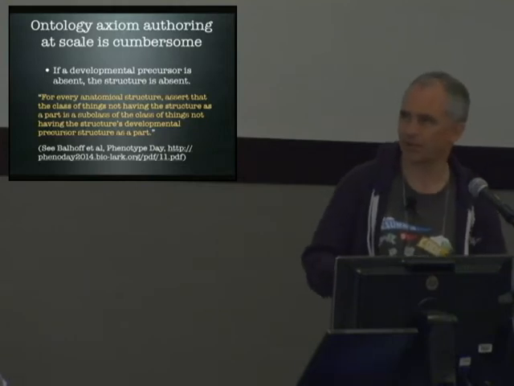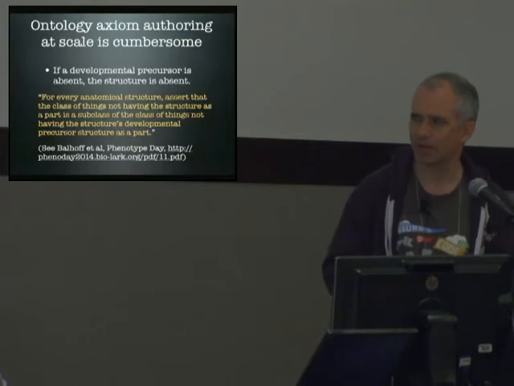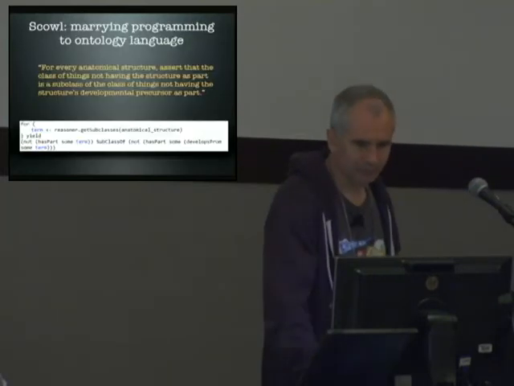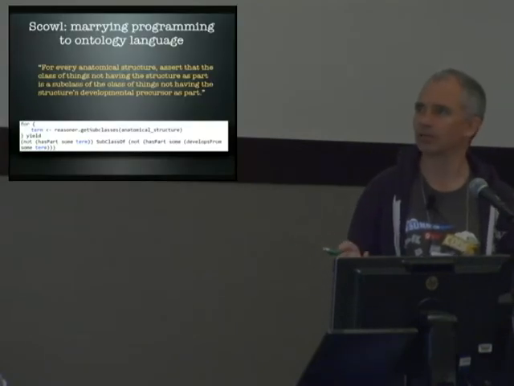If you want to phrase this in a more formal way, this gets pretty complicated, and if you wanted to assert this for all anatomical structures in the ontology, even manually or in a semi-scripted way, it'd be very laborious, and so we've built this tool that's called Scowl.